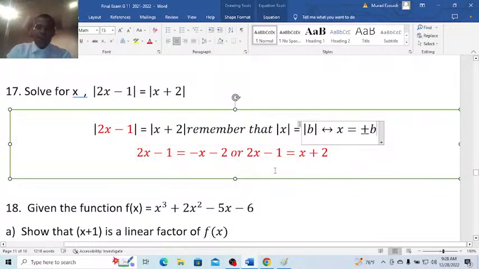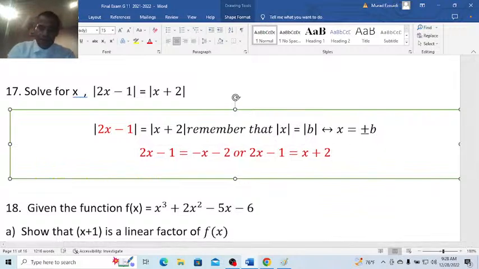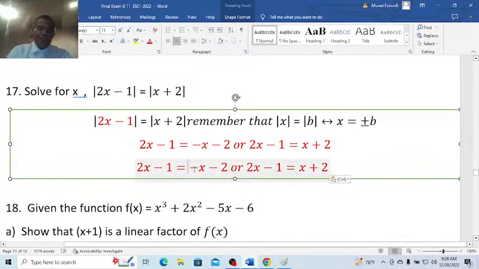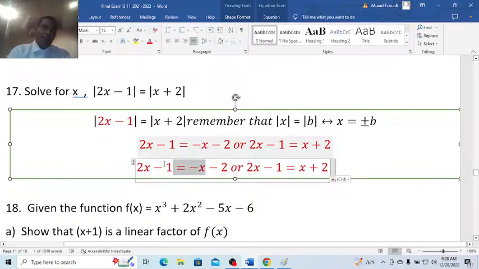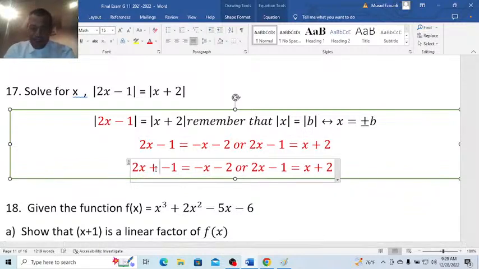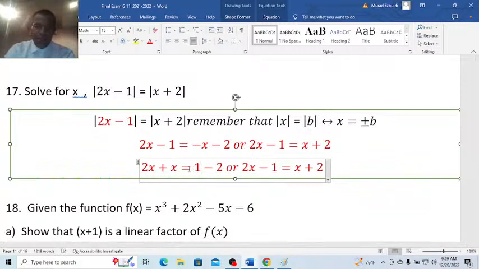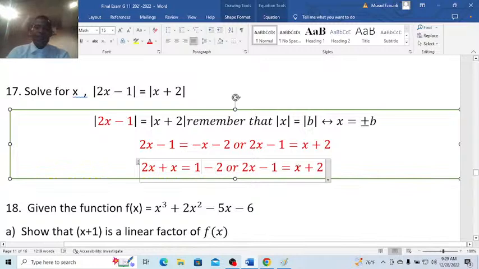Now I'll just continue solving, learners. I will transfer the plus x to the left hand side, it will be plus x. Then minus 1 is cancelled and it will be 1, or it will be minus 2 plus 1. Then the next one, x, this one is positive.